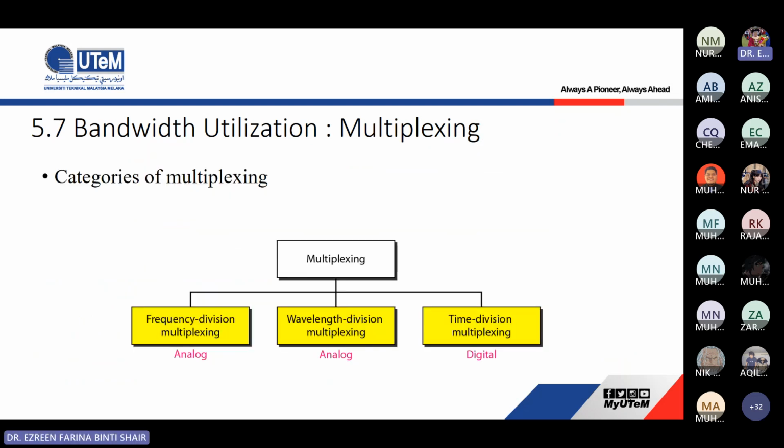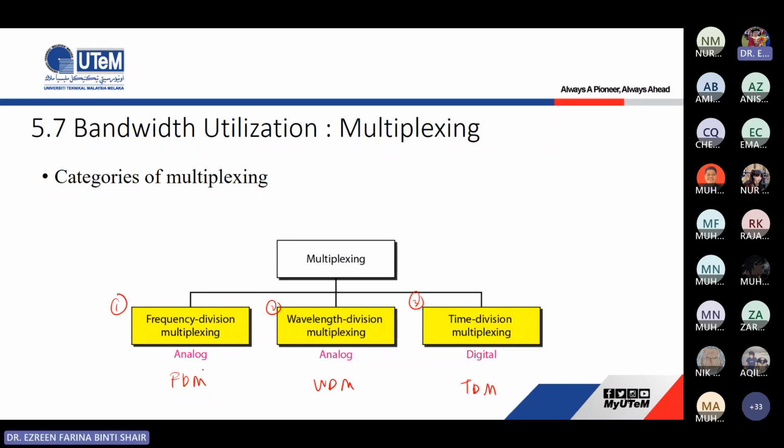Okay, so for multiplexing, we have several types. The first one is frequency division multiplexing, the second is wavelength division multiplexing, and the third is time division multiplexing. The short forms are FDM, WDM, and TDM.